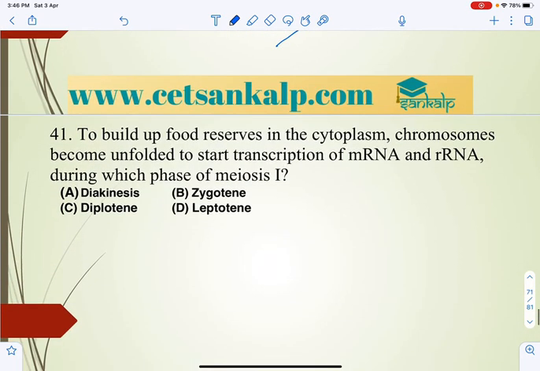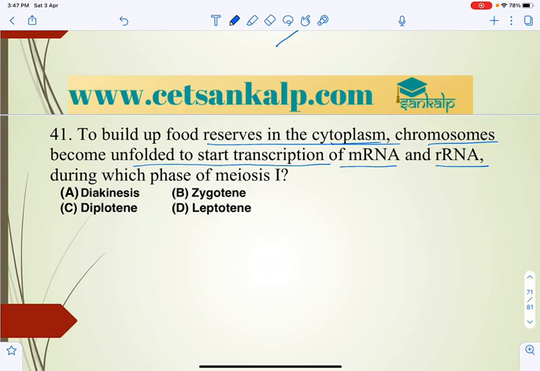Next question. To build up food reserves in the cytoplasm, the chromosomes become unfolded and start transcription of mRNA and rRNA. This means protein synthesis is going to take place through the process of transcription and translation.